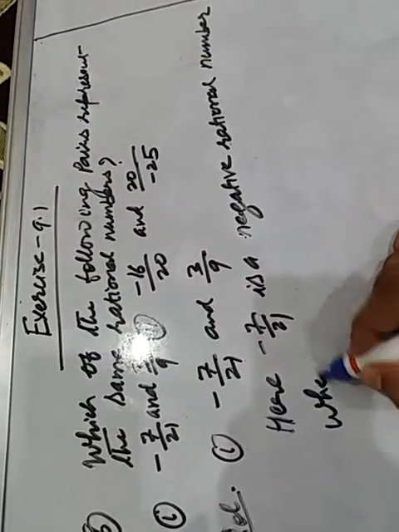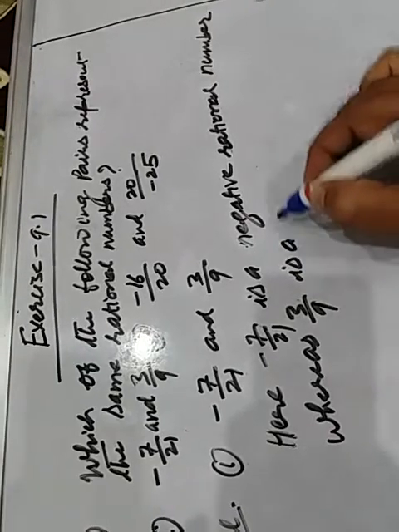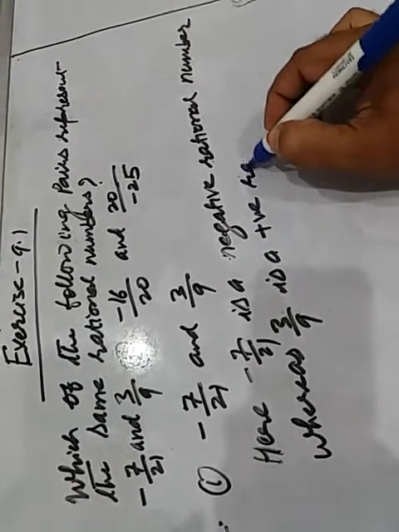Whereas 3 upon 9 is a positive rational number.